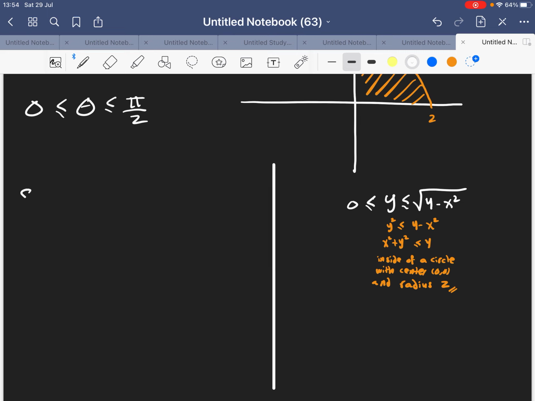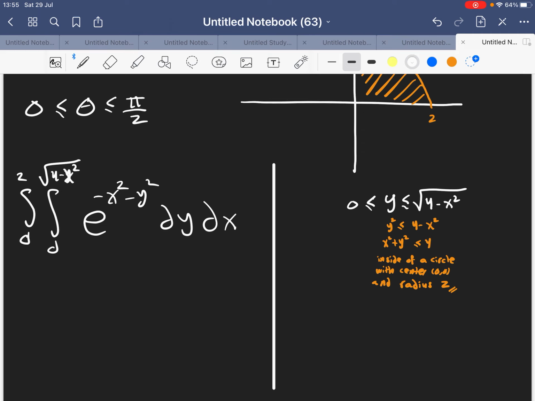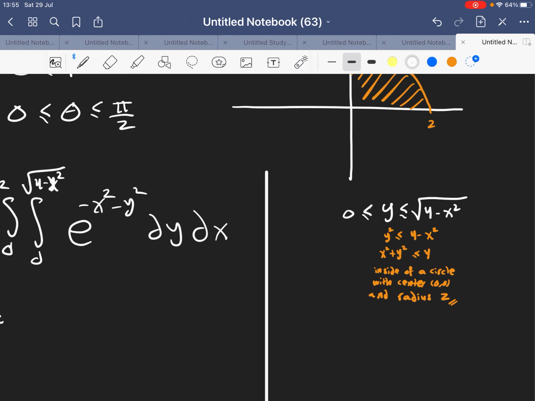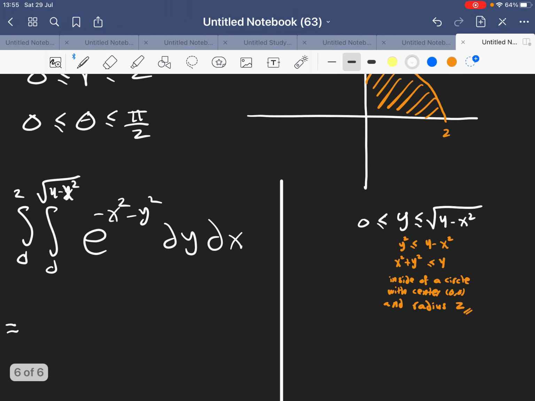Now all we need to do is write them down here to solve the question. So we have the double integral from 0 to 2, the integral from 0 to square root of 4 minus x squared, and then we have this e, which is not an easy one. Now this would be equal to, we change everything into polar coordinates. So theta would go from 0 to pi over 2 d theta.